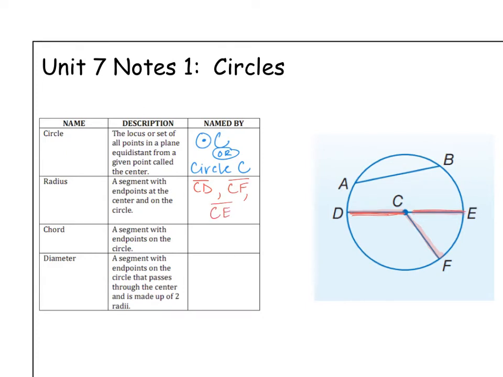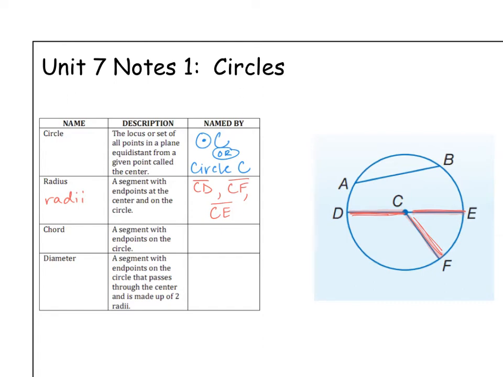So all of these, CE, CF, and CD, are radii of the circle. Now the plural for radius is radii. I don't know if you've ever heard of cactus, cacti, fungus, fungi. Radius, radii. It's spelled kind of weird. It's R-A-D-I-I. That's the plural if there's more than one.